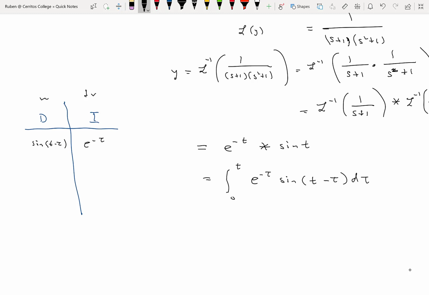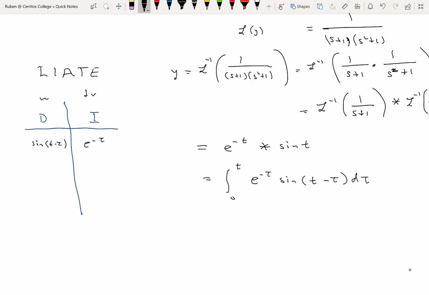If you're wondering how I got that, I used a device that I teach in Calc 2 called the LIATE device. The LIATE device, very, very briefly, gives us a systematic way and a rule of thumb for selecting u. What you do in your integral is go through the letters in the word LIATE, one by one.